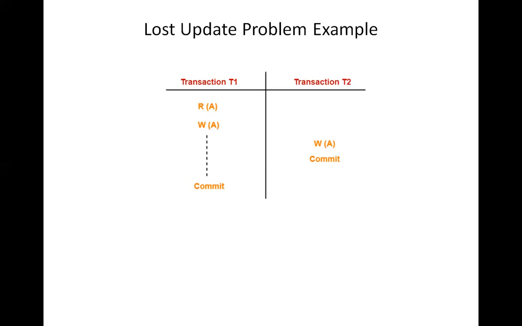When transaction T1 commits, it writes the value of A equal to 25 in the database. In this example, T1 writes the overwritten value of A in the database, thus the update from T1 gets lost. Note, this problem occurs whenever there is a write-write conflict.